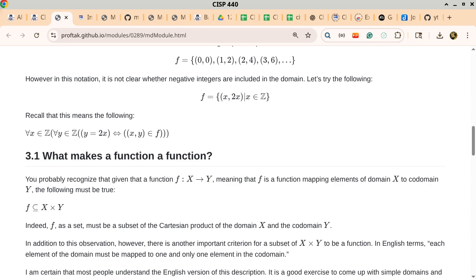Yes. Yep. So that's what section 3.1 is about. It will give you expressions to evaluate. If that expression is true, then we establish that f is a function mapping from domain x to codomain y.